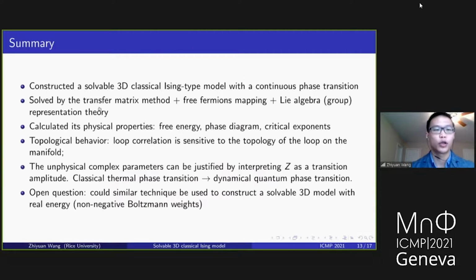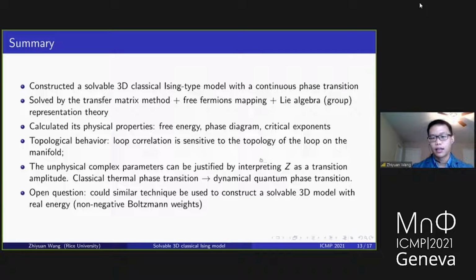And here is a summary of my talk. We have constructed a solvable 3D classical Ising model that has a continuous third-order phase transition. The solution is by a combination of the transfer matrix method, the Jordan-Wigner transformation, and the Lie algebra representation theory. We use the exact solution to compute its physical properties, including an intrinsic topological behavior of some loop correlation functions.